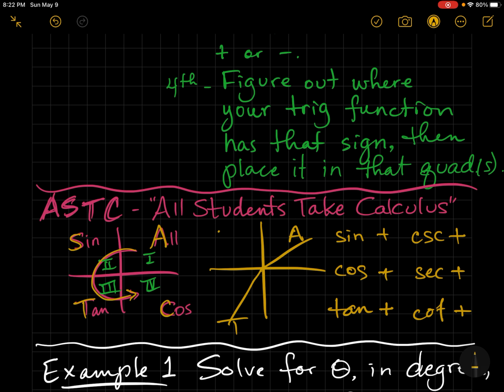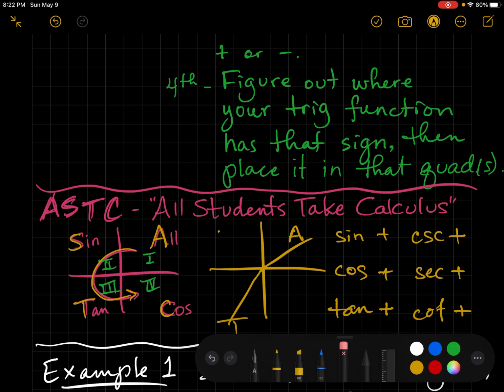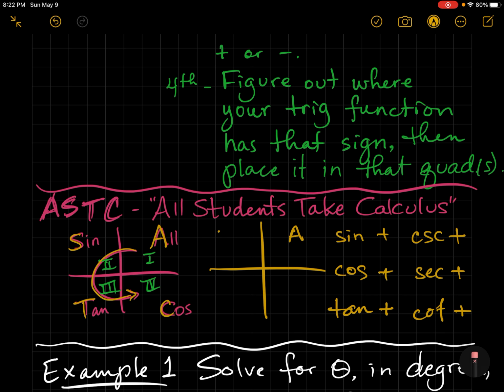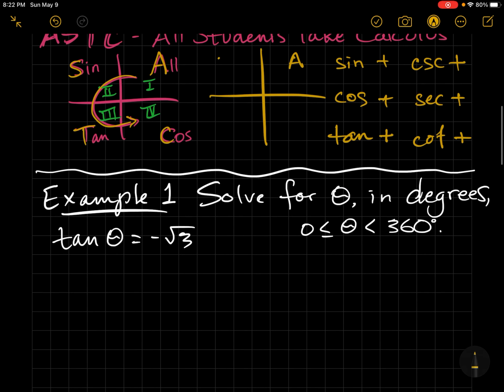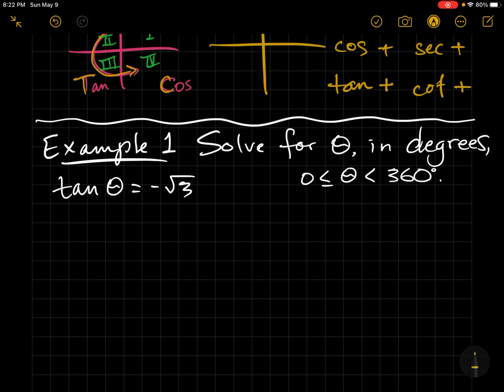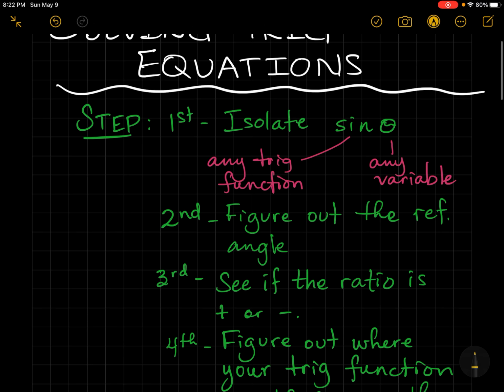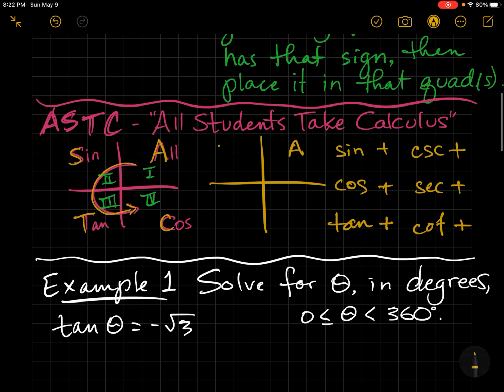So that's for all angles less than 90 degrees, between 0 and 90. So that's how the quadrants work, okay? Just want to make sure you understand, because we're going to need to understand the signs very well in order to solve trig equations. So, step 1, isolate.